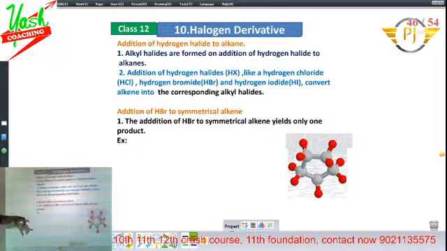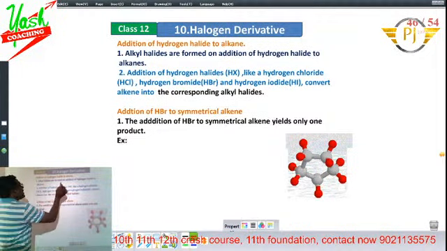These alkyl halides can be prepared with the help of alkenes. Alkenes may be symmetrical ones, and alkenes may be unsymmetrical ones. Addition of hydrogen halides.